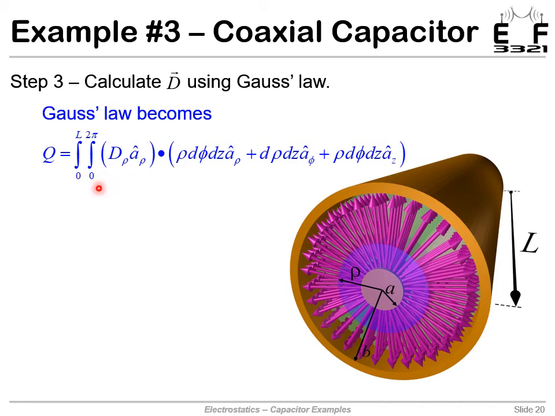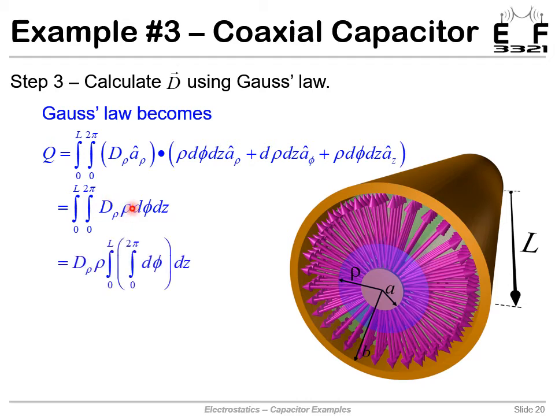So for phi, we're integrating from 0 to 2 pi, and for z, we're integrating from 0 to L. Now, since our D field only has a rho component, essentially this phi expression and z expression just disappear, and we're really just retaining this expression. And then we end up with a D rho times this differential area. So our flux integration is a lot simpler now.